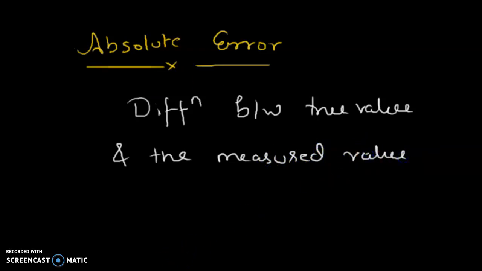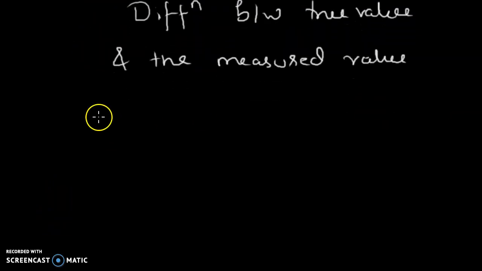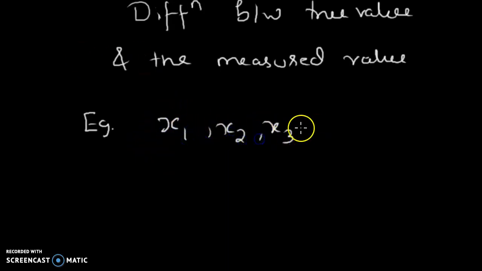So let's start. For example, I did an experiment and noted various readings. Say the time period of a pendulum experiment, and the various readings are x1, which will be the measured value, x2, x3, like this n times. If I want to know the true value, that would be the mean.